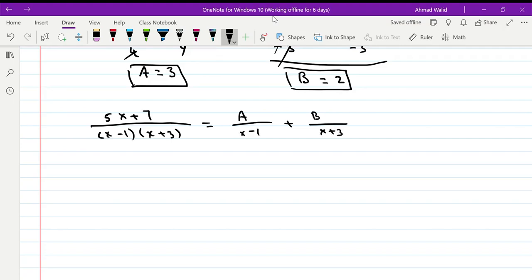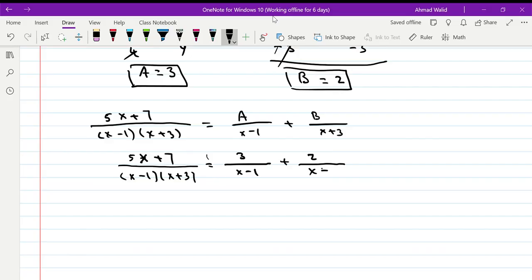That means you can write 5x plus 7 over x minus 1 times x plus 3 equals A, which is 3 over x minus 1, plus B, which is 2 over x plus 3. That's the answer.